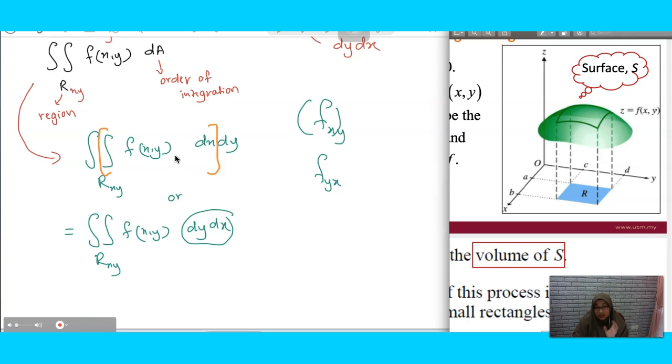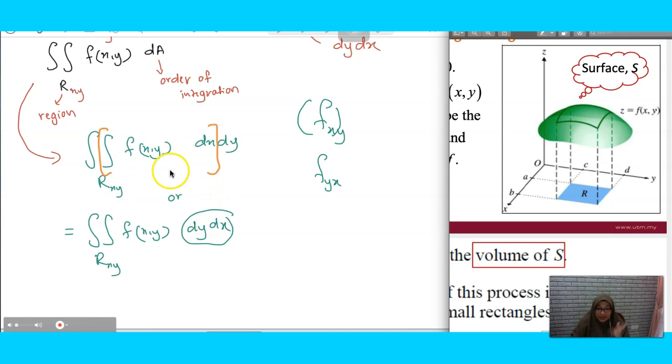After you substitute the value, there is no more x. The only expression left can be a constant or in terms of only y, because you already replaced the x using the limit. I will explain in detail later when we have the example.